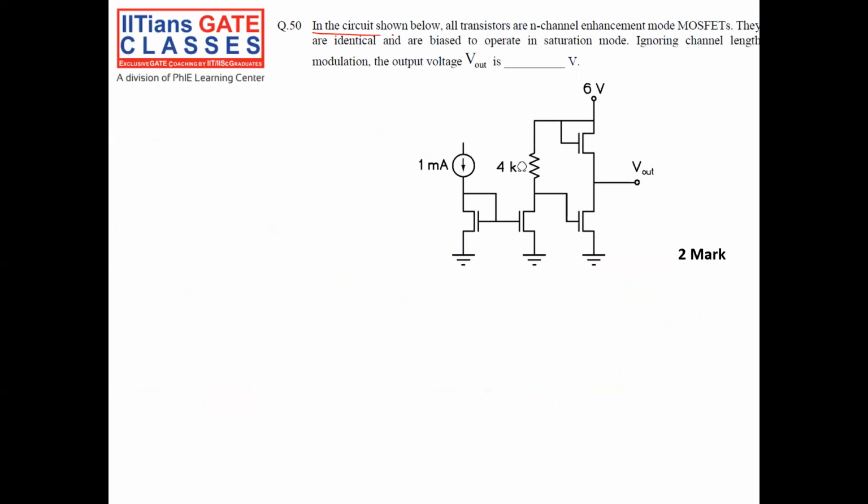In the circuit shown below, all the transistors are N-channel enhancement mode MOSFETs. They are identical and are biased to operate in saturation, ignoring channel length modulation. Find the output voltage V out.